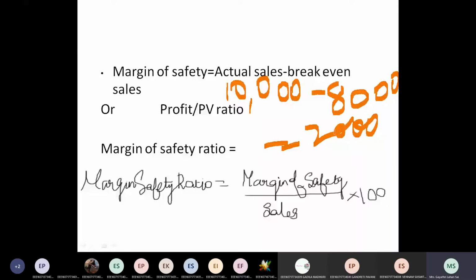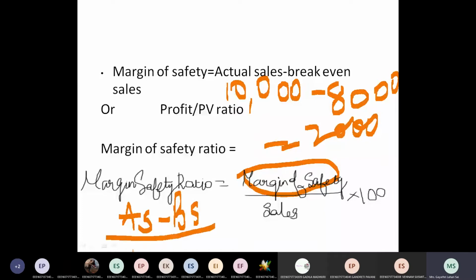Now we will see what the margin of safety ratio is. Margin of safety is the difference between actual sales and break even sales, divided by sales, into 100.